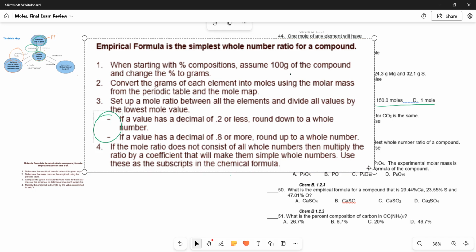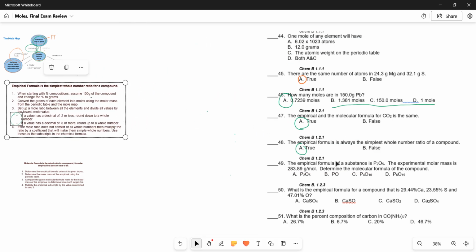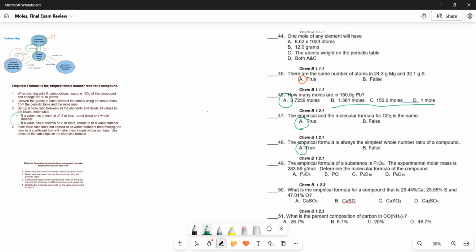So let's look at an example that we're going to do. Did we answer the question? No, we didn't. So I have the empirical formula. It is P2O5. Now, I know that the molecular formula, which could be P2O5, has to weigh 283.89 grams. Okay, so what does this weigh?